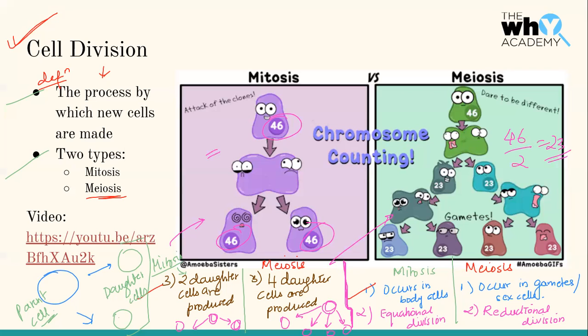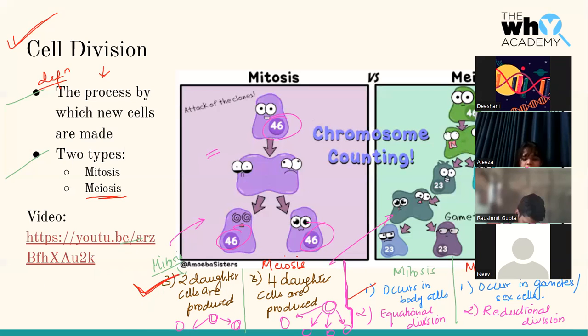Remember these 2 points: where they occur and how many daughter cells are produced. That is very, very important. I put a tick mark also, it got lost in all the things I wrote. Yes, these 2 points, the first and the third point.